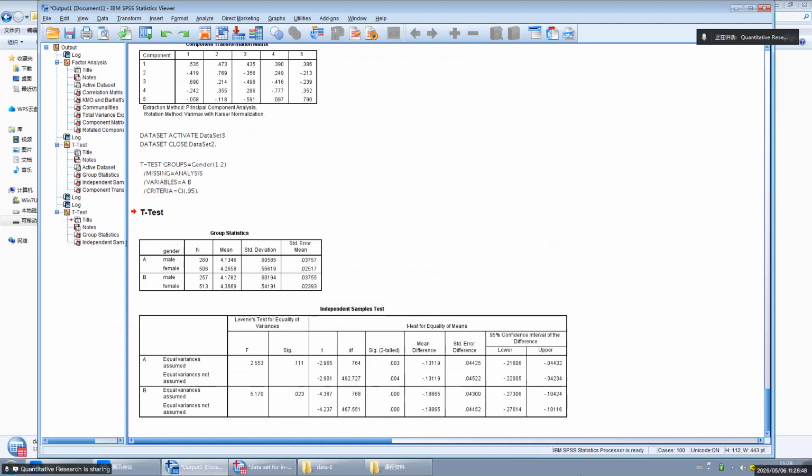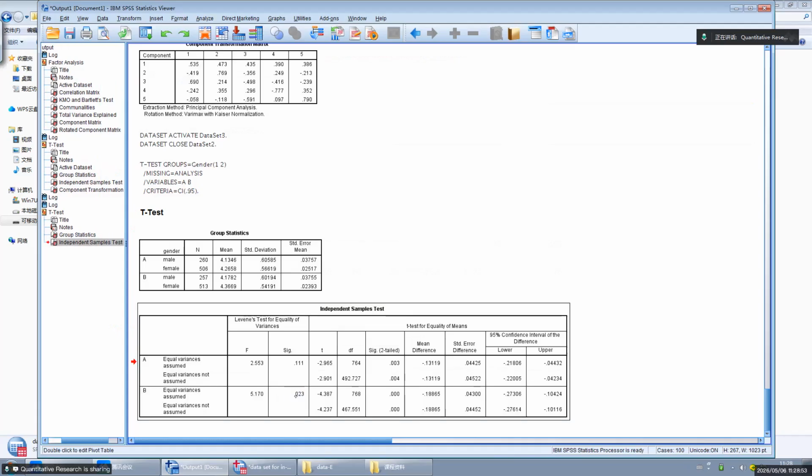So this is for B. You can see the first p-value is significant, represented by one asterisk. So you go to the second row. The second row, the p-value is 0.000. It means that there is a gender difference in B.